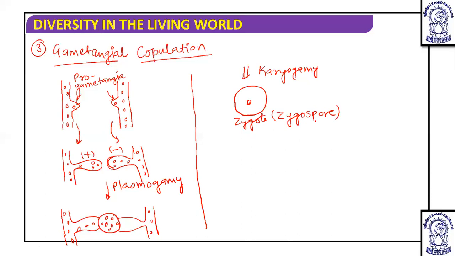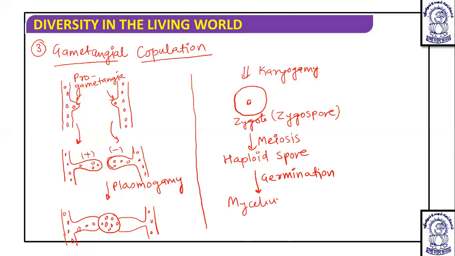And after that the zygote undergoes meiosis and produces haploid spore. And this haploid spore undergoes germination, and after germination it will produce mycelium.